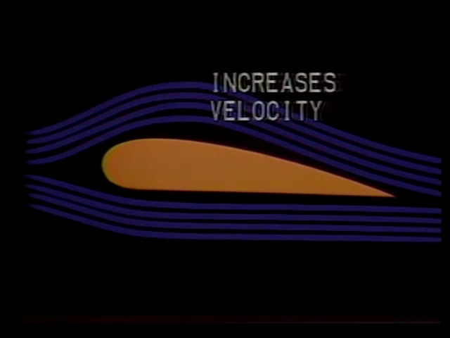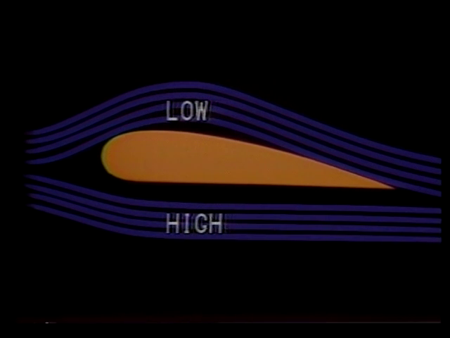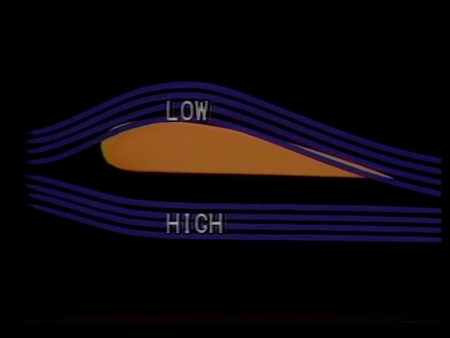To do this, the airflow across the top must increase its velocity. You recall that when velocity increases, pressure drops. This is how a low pressure above the foil and a higher pressure below is obtained. This difference in pressure creates a lifting force that pushes the airfoil towards the low pressure area.